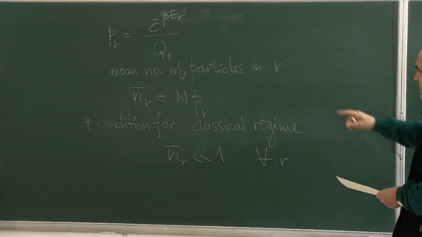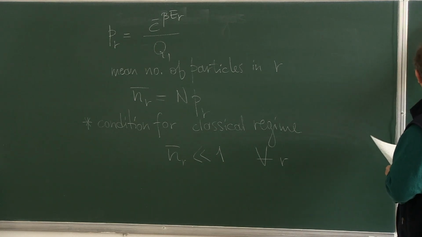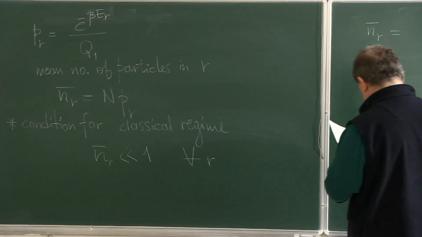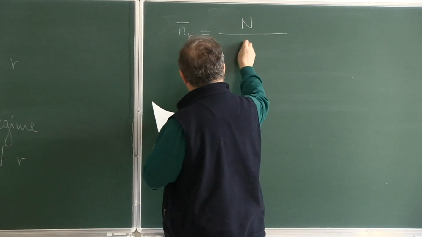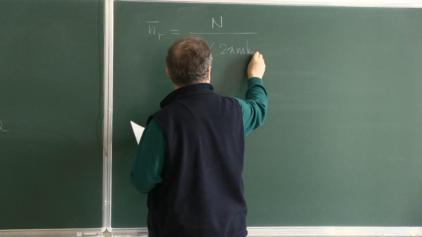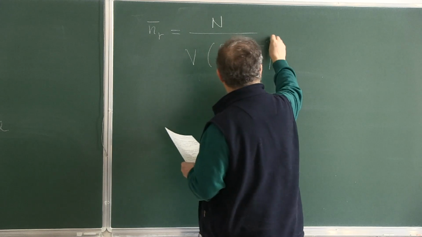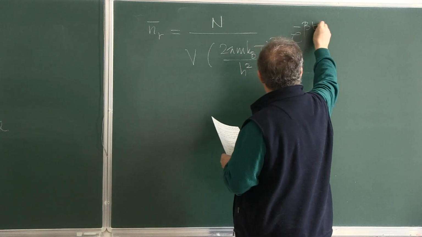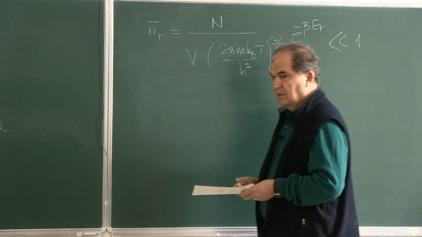Well, looking at the expression for P_r, we can write this average number of particles in a state r as the total number of particles divided by V, times 2 pi m k_B T over h squared to the power 3/2, times e to the minus beta E_r. And we want this to be very small.